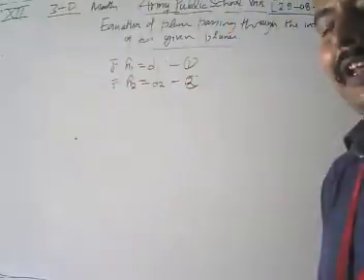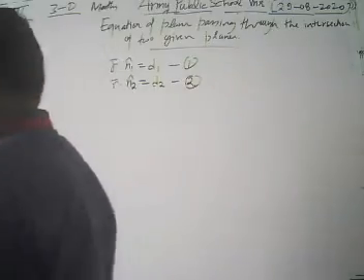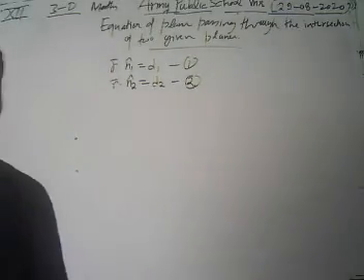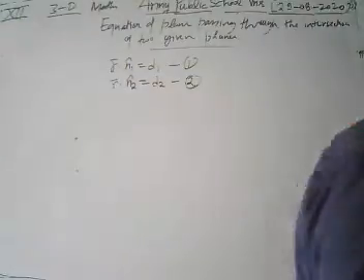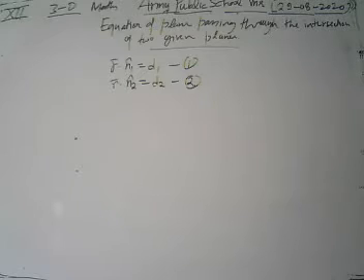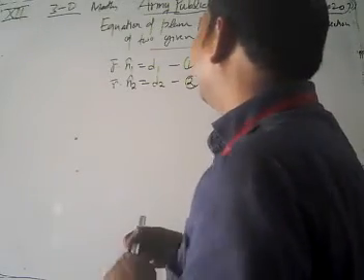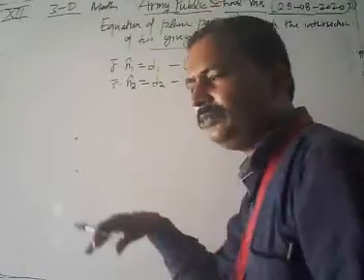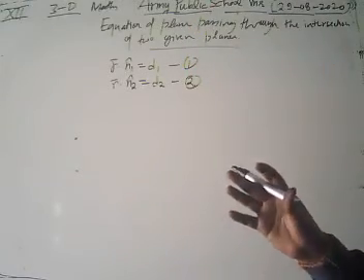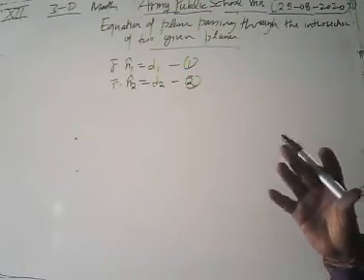Look, how can we get the equation of any plane which passes through the intersection of these planes? The equation of a plane passing through the intersection of two given planes is given by taking an arbitrary value lambda.